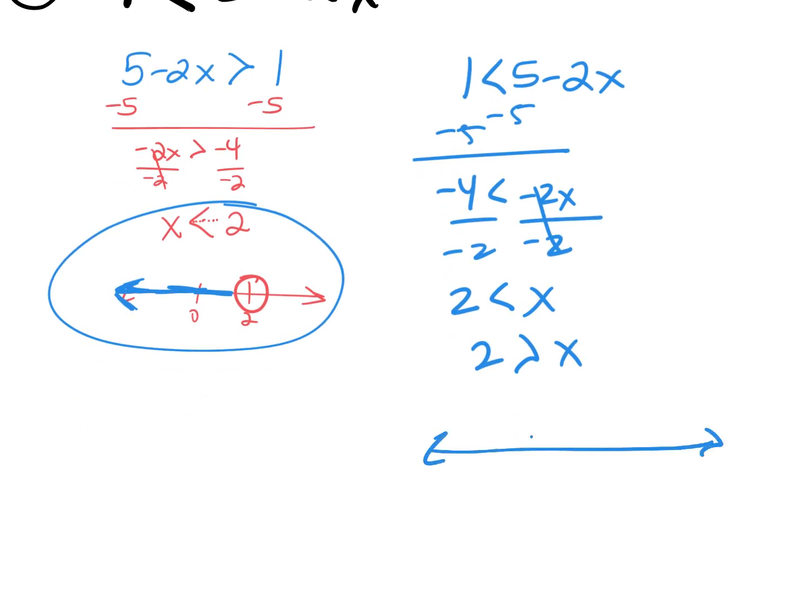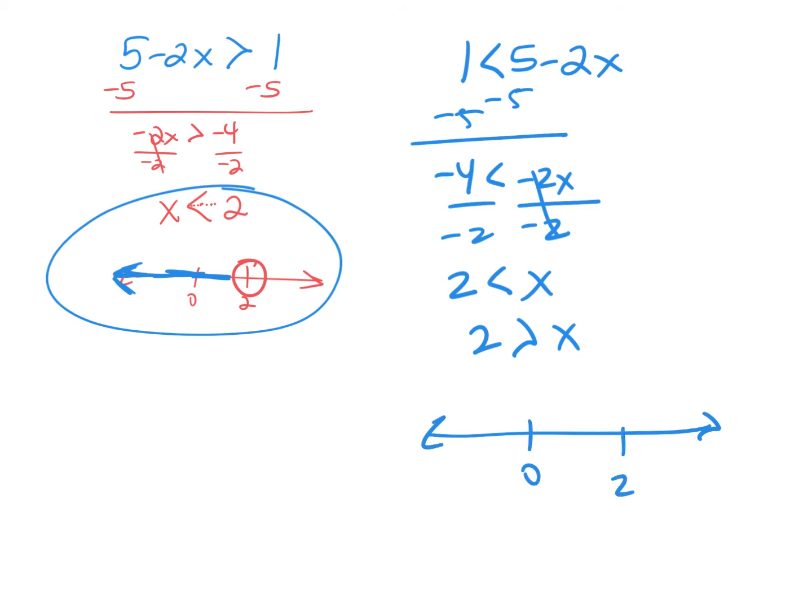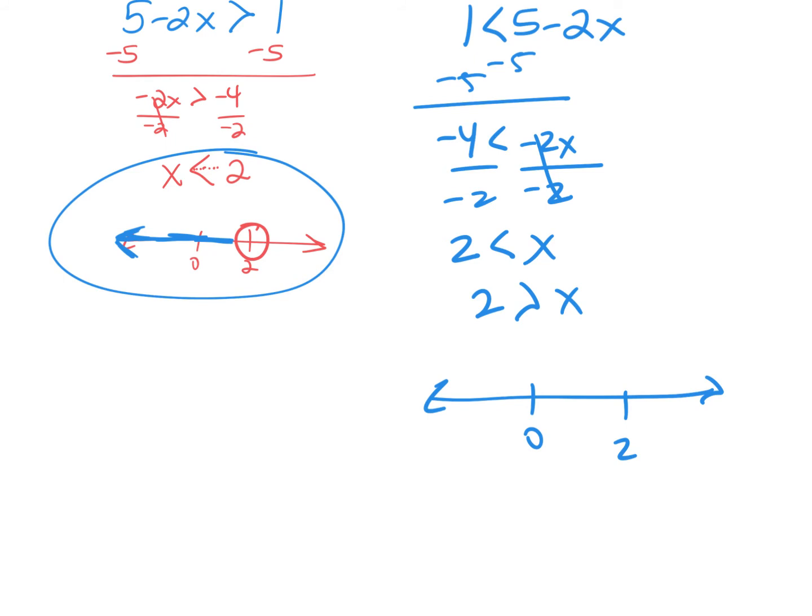Okay, so you didn't flip. So here's 0 and here's 2, right? So you got 2 is greater than x. Yeah. So you shaded to the right because it says 2 is greater than x, right? You can't follow that rule of which way the arrow is pointing, because if you were to read that 2 is greater than x, it's saying that 2 is bigger than all of the x values.